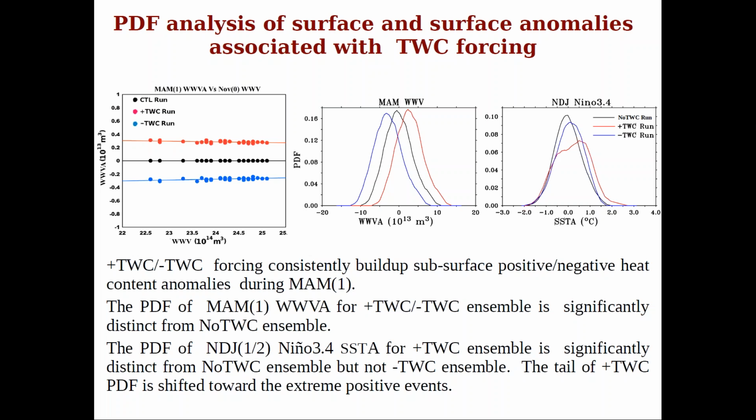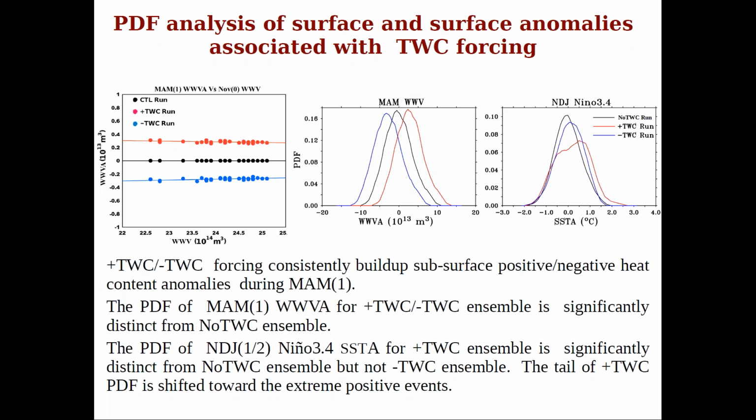Here is the same plot I showed earlier, but with the negative one also. You can see there is a negative anomaly for the warm water volume, almost in the same quantity as for the plus TWC run, and these three are distinctly different from each other when we did the PDF with the March, April, May warm water volume.